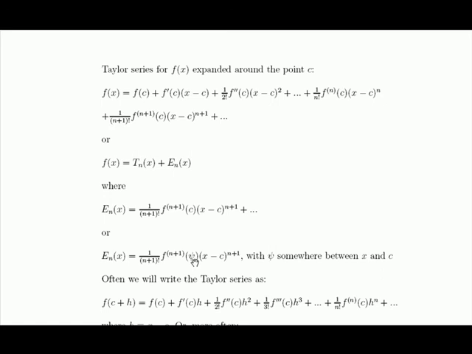Of course, if we don't know where psi is, you might say, what good is this error estimate? Well, we can get an upper bound by taking the worst case. In other words, knowing that psi is somewhere between x and c, what's the biggest in absolute value that this can be? And that will give us a bound on the error.